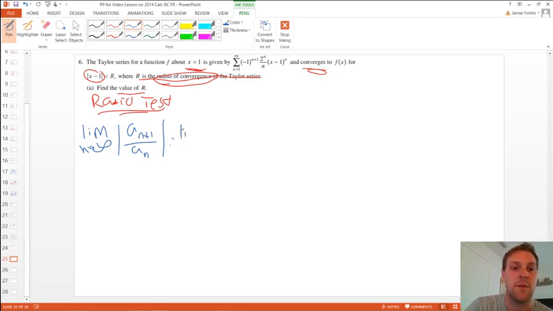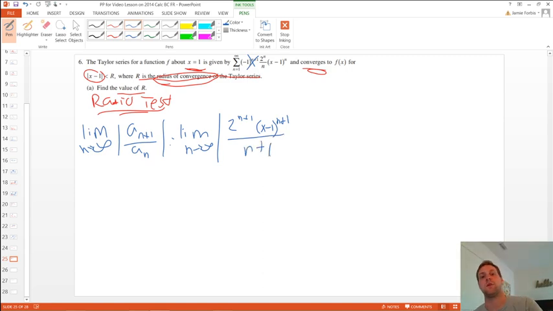So we're going to have the limit as n approaches infinity, absolute value of a sub n plus 1. Now remember, absolute value is going to get rid of and eliminate that alternating series piece. So we're not going to worry about that. Everywhere else, we're going to plug in n plus 1 for n. So that's going to be 2n plus 1, x minus 1 to the n plus 1, and on bottom, n plus 1.